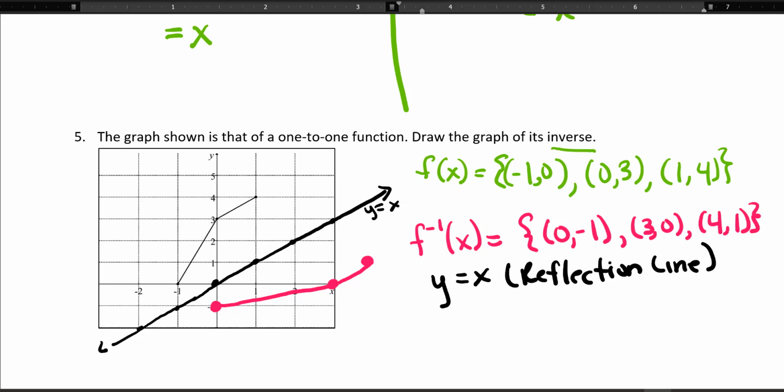And then if we fold at the reflection line, this is saying that -1, 0 is going to touch 0, -1. 0, 3 is going to touch 3, 0. 1, 4 is going to touch 4, 1. Then we would say that they're symmetric to each other.